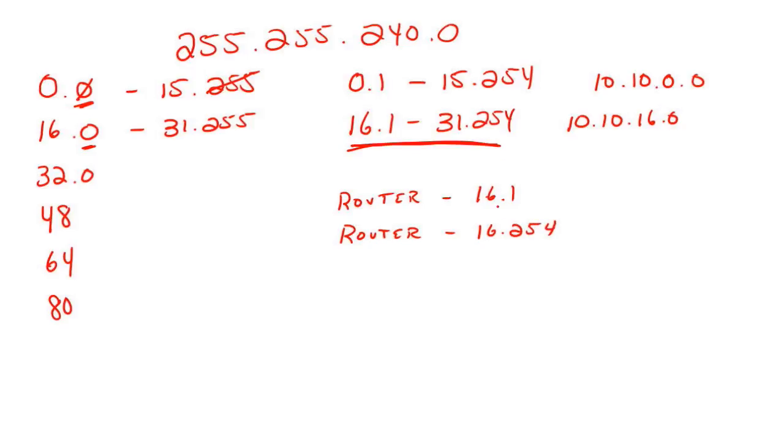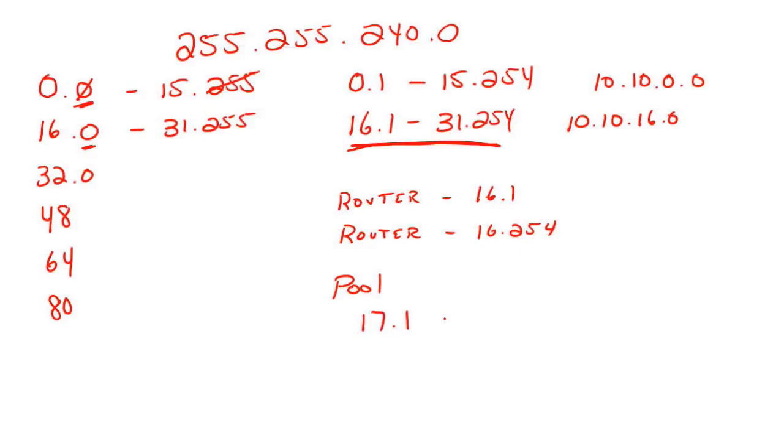So those are going to be two of my addresses that I'm going to give to equipment. Plus I have printers and other devices on that subnet. All of those devices are going to be under the 16 dot whatever number I want to give them. So that's why I'm starting my pool with 17.1.